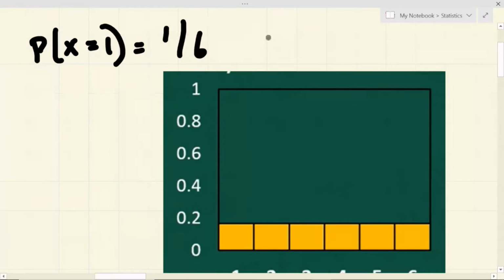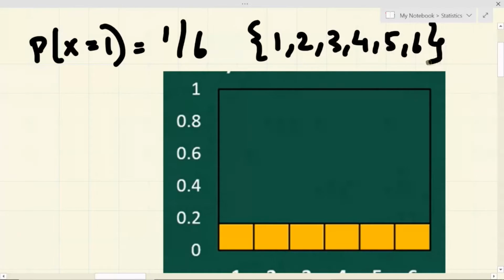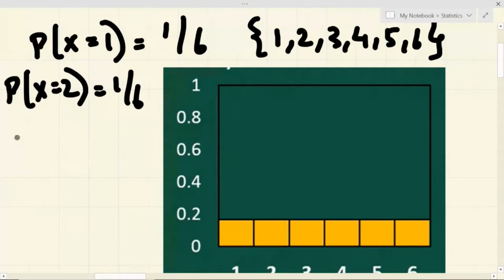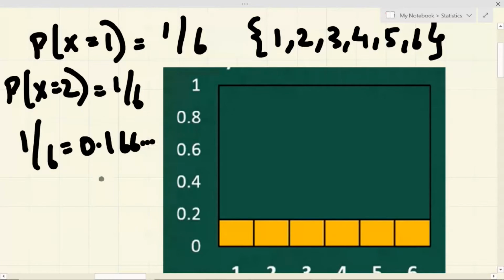The sample space is 1, 2, 3, 4, 5 and 6, and any of these is going to come up for sure. So the probability of getting one will be 1/6, and the probability of getting two will be 1/6. It's all going to be the same. 1/6 is actually 0.166 and so on, right?